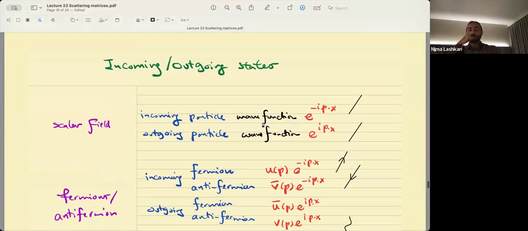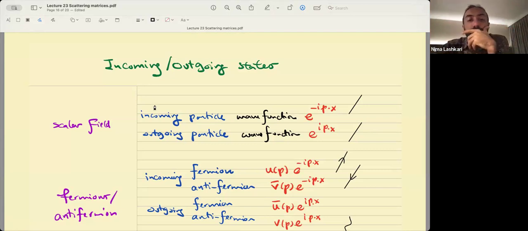All right. So a little bit of notation and description. We're going to be doing a lot of Feynman diagrams, so this is going to be helpful. We're going to talk about the incoming and outgoing states. These are the external legs of the Feynman diagram.